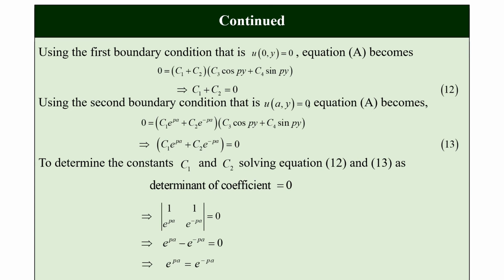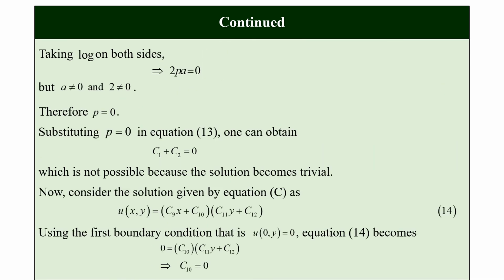To get a non-trivial solution, the determinant of the coefficients of c1 and c2 must be equal to 0. After simplifying, we arrive at the equation 2pa = 0.